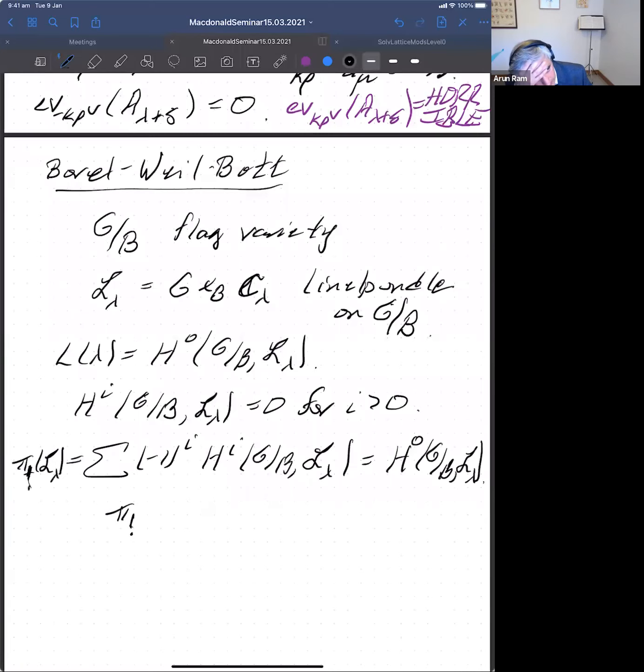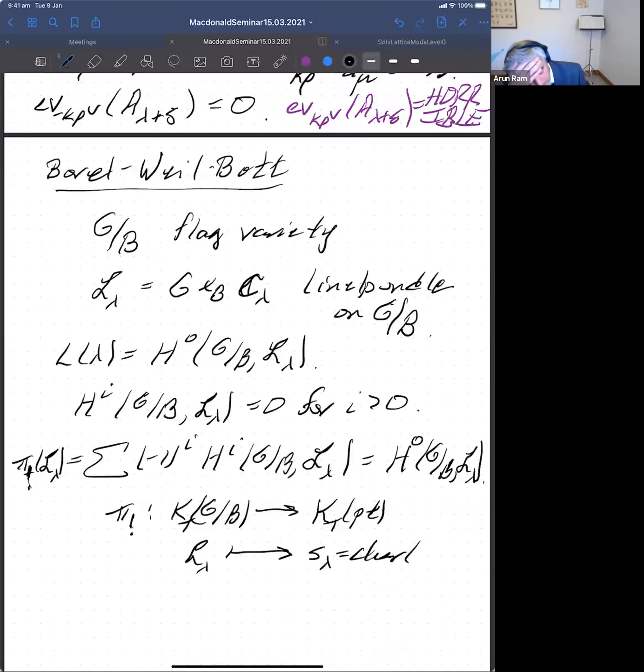I'm taking something in the K theory of G mod B, a line bundle is a vector bundle on G mod B, and I'm pushing it to the K theory of a point. And if I take T equivariant K theory, I keep the torus, and this goes exactly to that Schur function. All right, so this is the character of this line, of this L lambda.